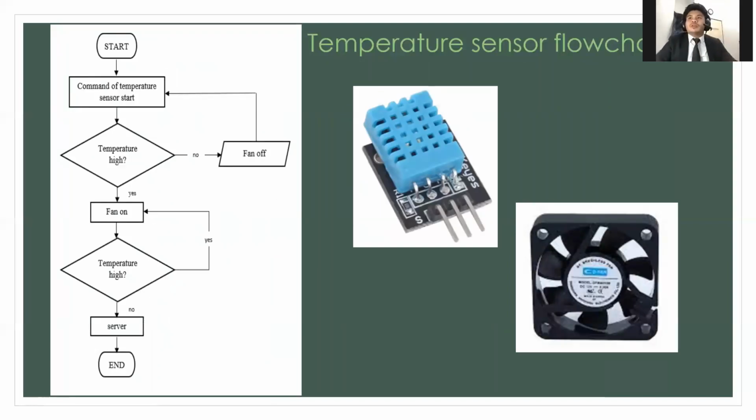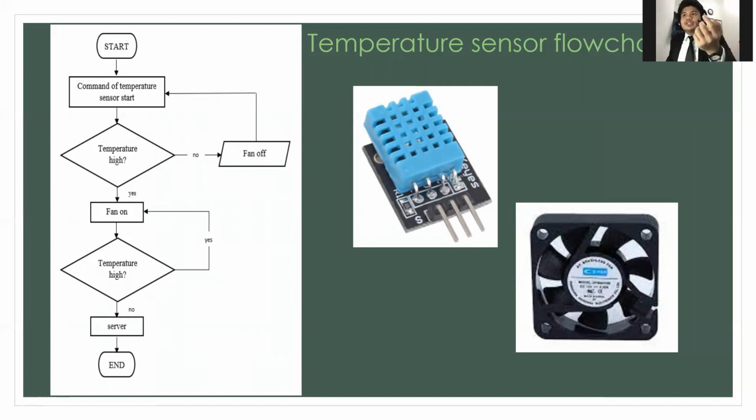Next is the temperature sensor flowchart. This flowchart focuses on the process of the type of sensor called a temperature sensor. The sensor works to measure the temperature in an area, as in this project it measures the temperature in the greenhouse. This temperature sensor is connected to the exhaust fan. The function of the exhaust fan is to suck out the hot air present in the greenhouse down to the ideal temperature level.